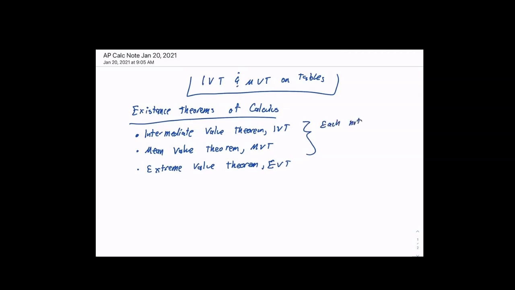Each notes a property that must occur at least once within a given interval.